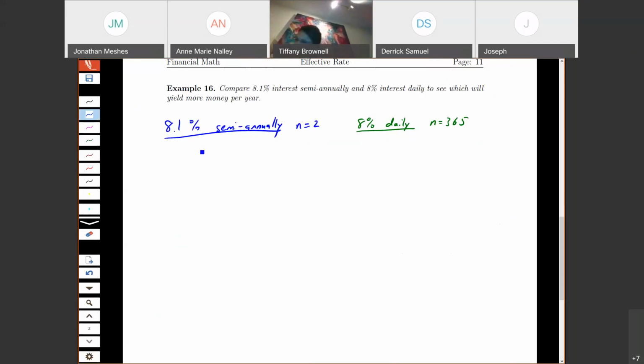Okay, so here if I look at my effective yield, we have 1 plus 0.081 over 2, to the power of 2, minus 1.